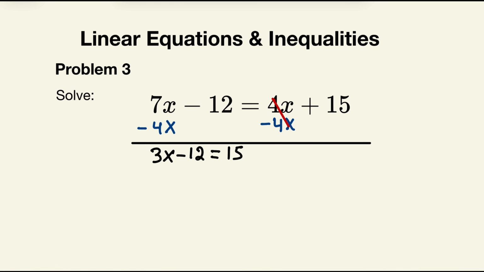And then here we're going to go ahead and add 12 to both sides because remember the ultimate goal is to solve for that variable. So we'll add 12 to the left and to the right. We see here that we are left with 3x equals 27.